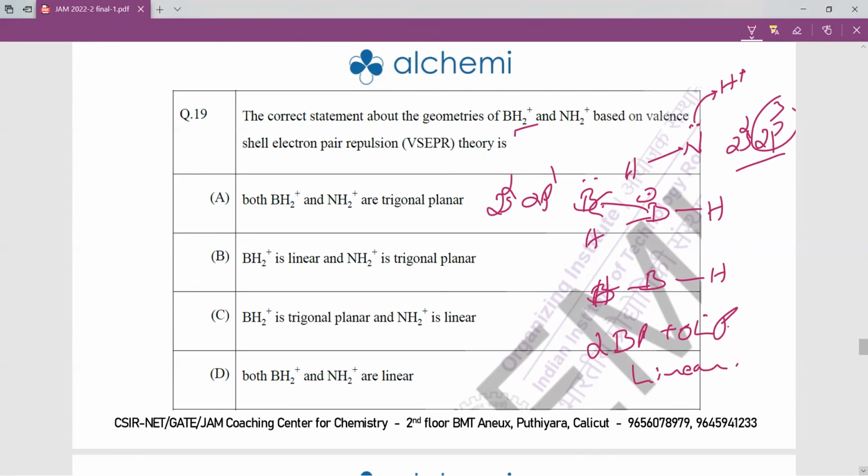So we should take the 3 electrons for the configuration. The structure will be 3 bond pair plus 0 lone pair, so the structure will be trigonal planar. So the answer will be option B. BH2 plus is linear and NH2 plus is trigonal planar.